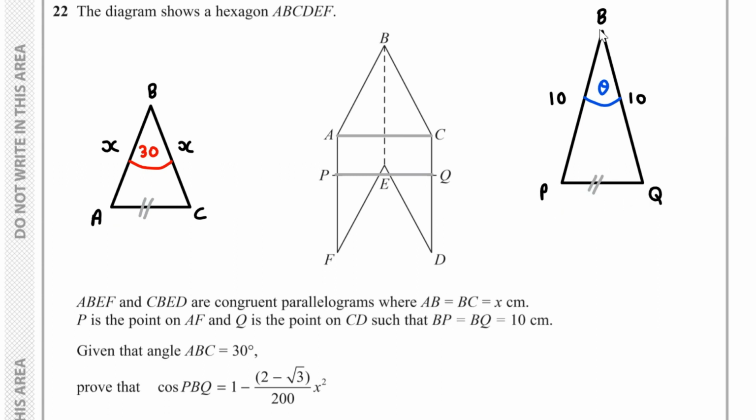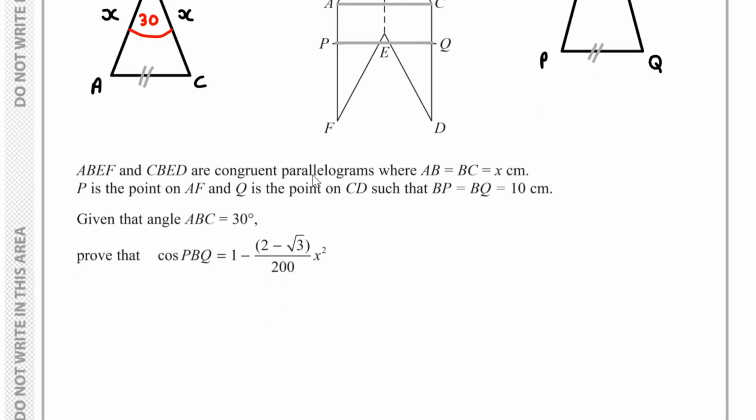And if I know PQ, I can use the cosine rule over here to find out this angle here. Now to find AC, I need to use the cosine rule here for lengths. So AC squared is equal to x squared plus another x squared minus 2x squared times the cosine of 30.